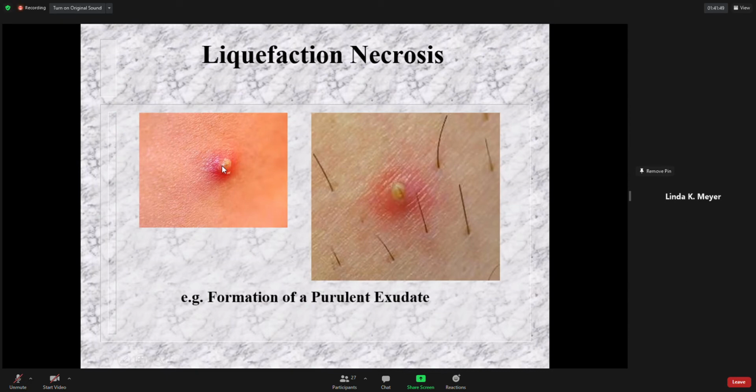It's because pus is actually made up of dead and dying neutrophils, those white blood cells that come to our defense. And we get this liquid, yellowish green liquid that appears in the area. So if you have a pussy zit, there's liquefaction necrosis going on there.